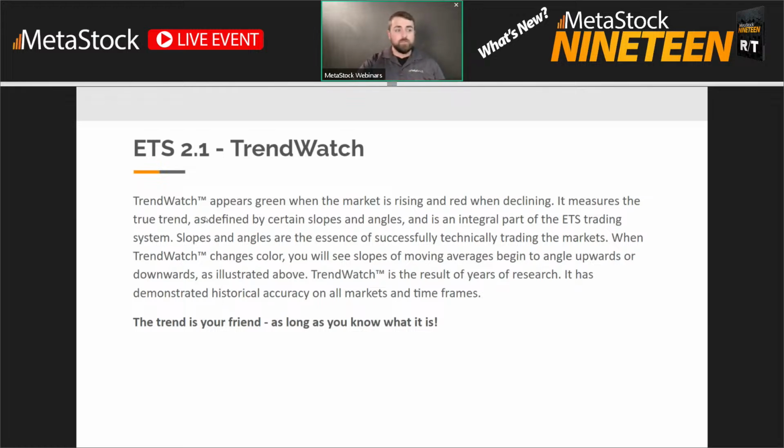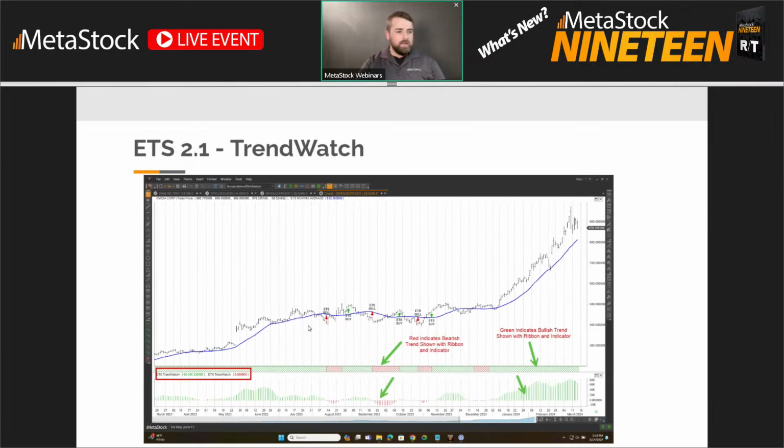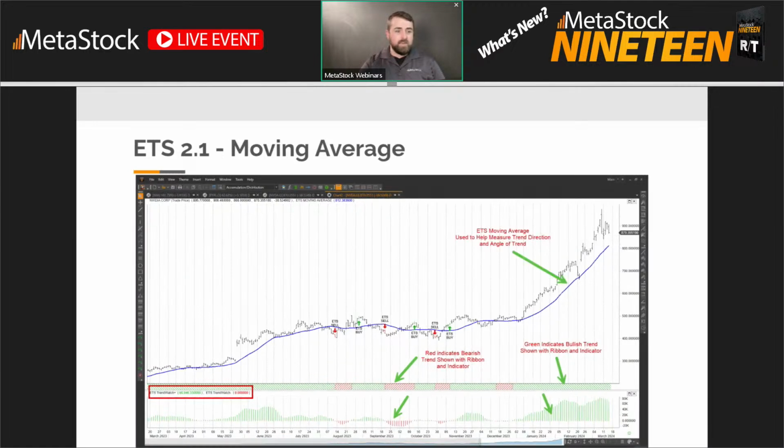It also comes with a trend watch indicator, and you can see the trend watch down here. So when it's bullish and bearish, you're not going to want to take a sell signal if you're inside of a bullish zone, things of that nature. Let's see here. So yep, you have the ribbons inside of there. It utilizes certain moving averages that can help you identify slope.